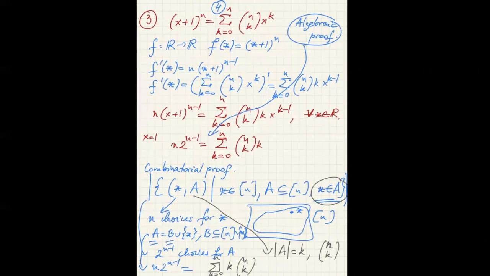Now, before we go to the multinomial formula, let me give you a few other things. Here's another problem that you can try. What is the sum of n choose k times k squared? I won't give you the formula. So what does this expression equal? You can try to go from the algebraic proof.